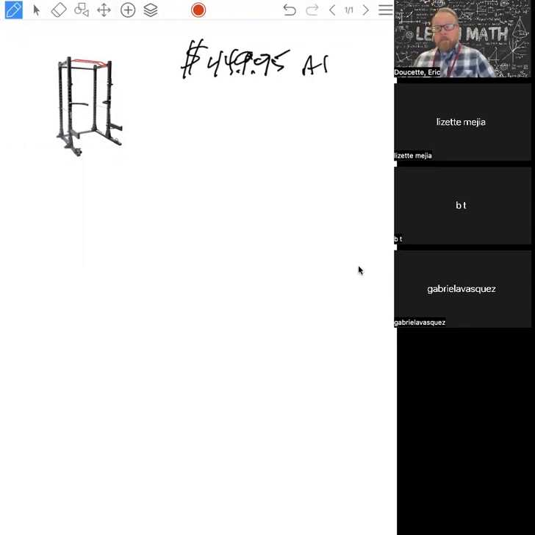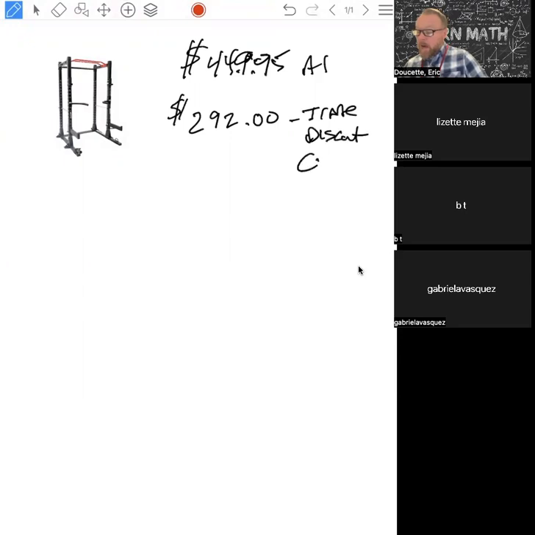But then they offered her a discount, and I think after the discount it was like $292 something. So I'm just going to use $292 as her price after her trade discount. Her cost was $292. So that's what she actually paid for the squat racks. Now she wants to resell those squat racks and make money off of them, and that's the whole goal, right?